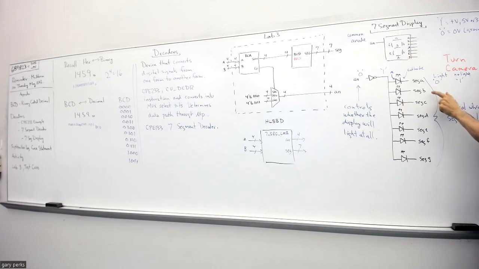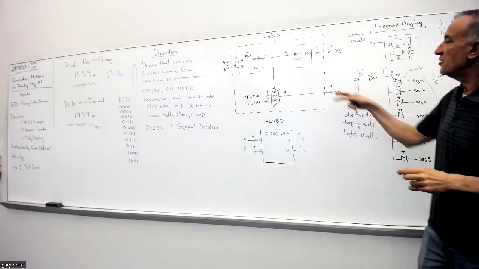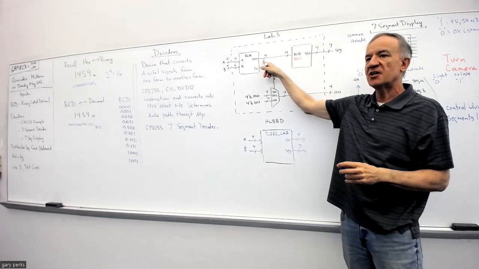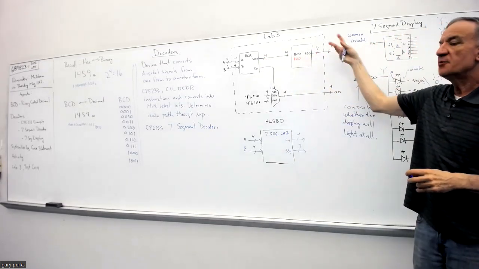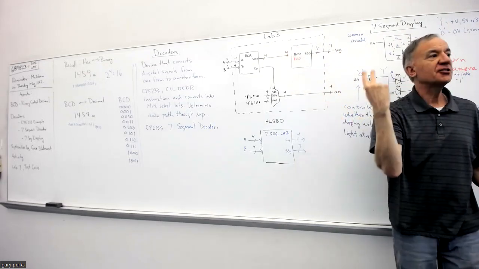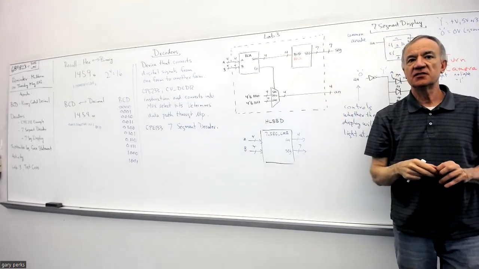So whatever signal has a 0, that segment is on. We're going to make the appropriate choices to show the characters that we want to be shown.